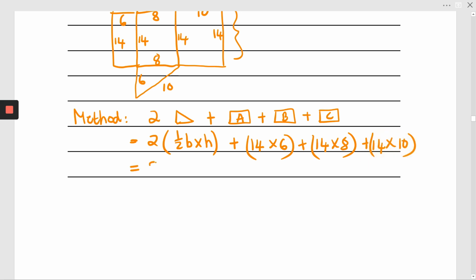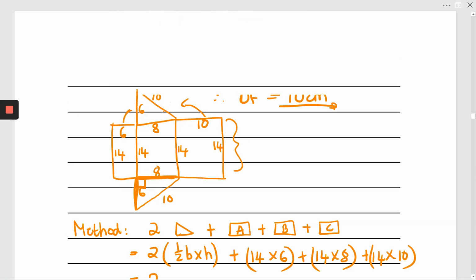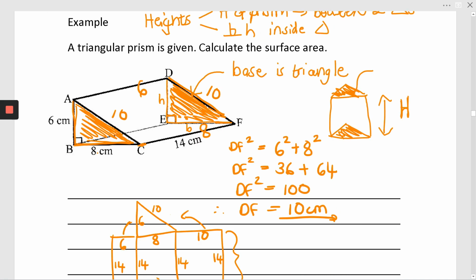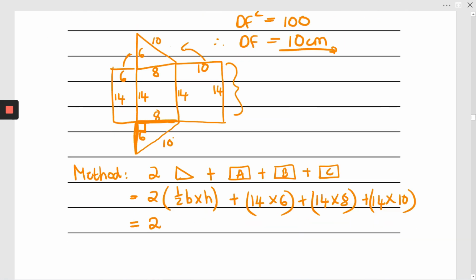That will give me 2, and I must be very careful now and just select what is the base and the height of my triangle. There's the base, and the height has to be perpendicular. Or I could go back and look at the 3D picture, and I can see there, it doesn't actually matter which way we do it, whether we say 6 is the base and 8 is the height. But the way that it stands here, it's just easier to talk about the 8 being the little base.